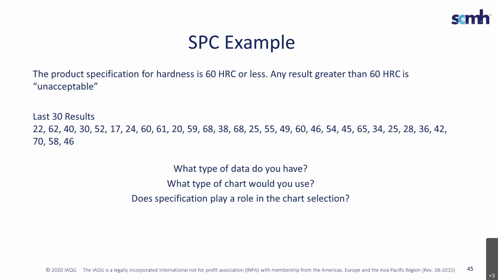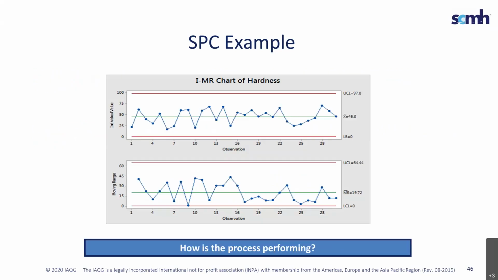Does specification play a role in the chart selection? The answer is no. As we mentioned before, specification has nothing to do with any limits, has nothing to do with the chart. We will just use an IMR chart using our control limits, not our spec limits. And I did that in this example. I put it into my trusty statistical software package.